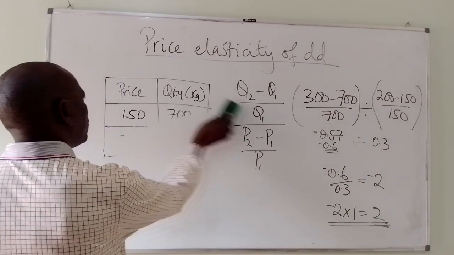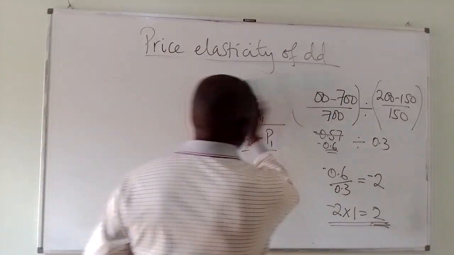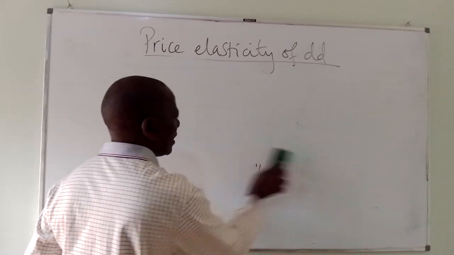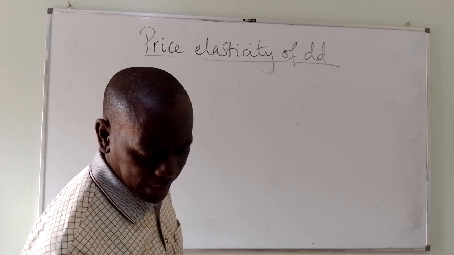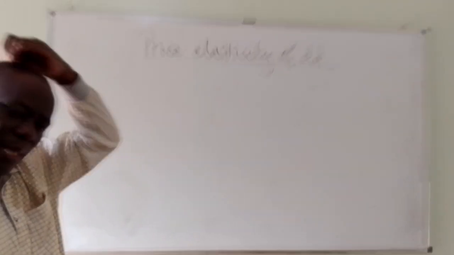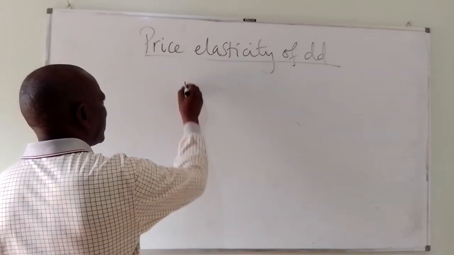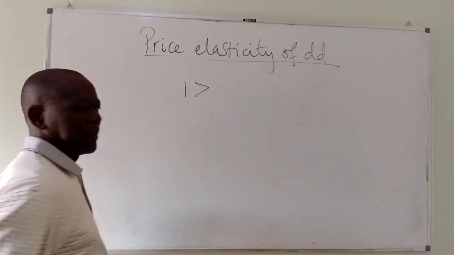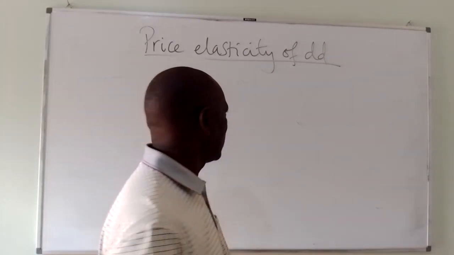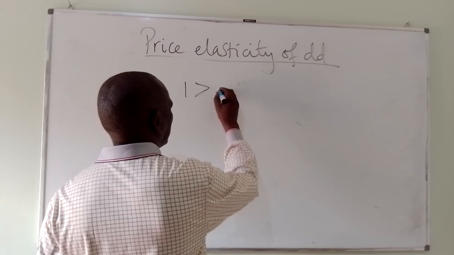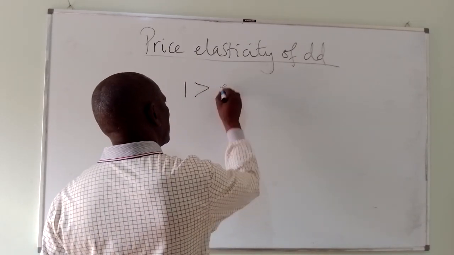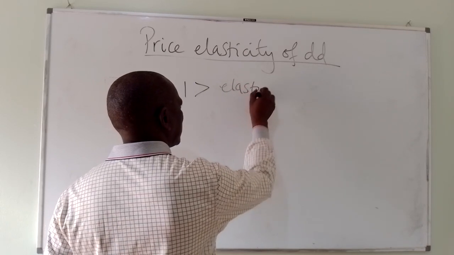So now I want to get the summary of the conclusions, whether this is elastic or not. If you calculate and the figure is greater than 1, then we say this is elastic demand.